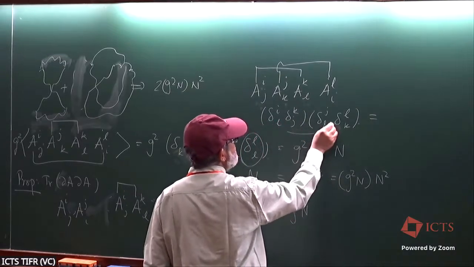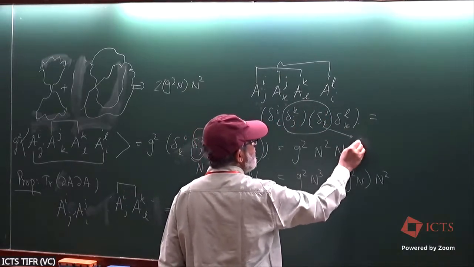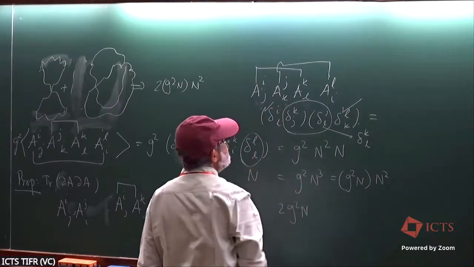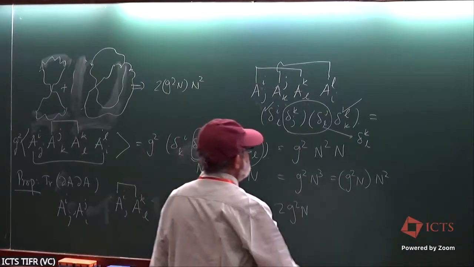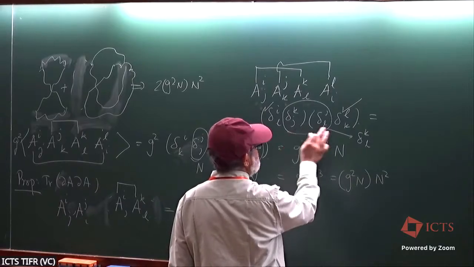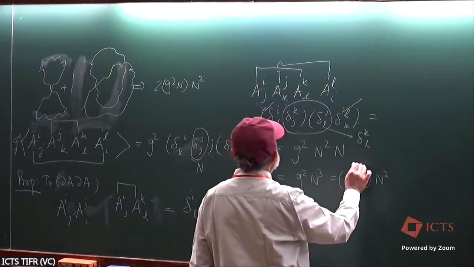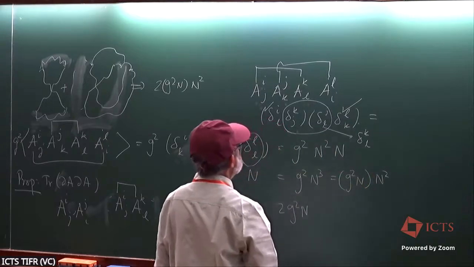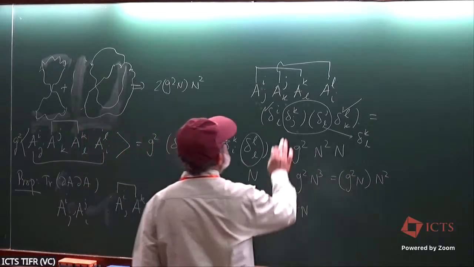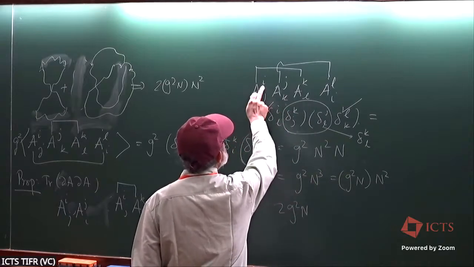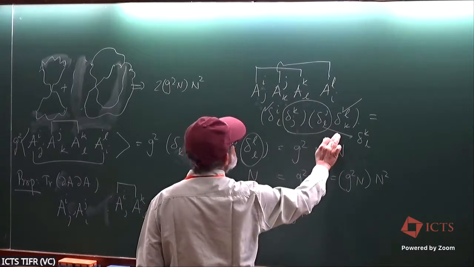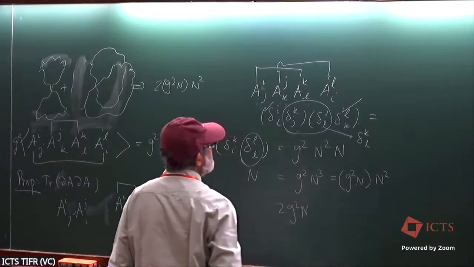So these two you can combine to get one delta KL, and this you can combine, which will become delta, sorry, excuse me, I'm making a mistake here. No, it's correct. So these two give me delta ILJK, and these two give me delta JL and delta LK. No, that's correct, it seems.